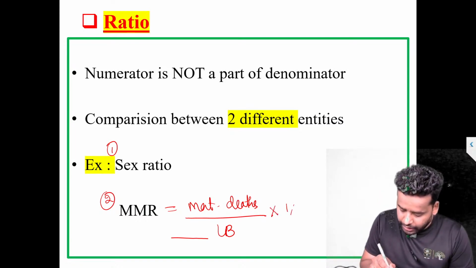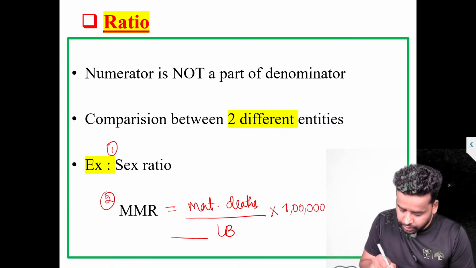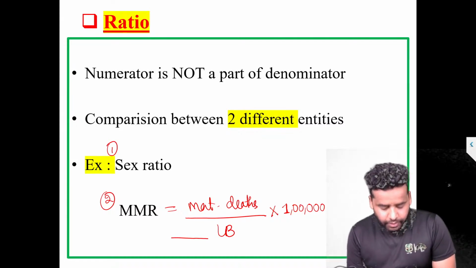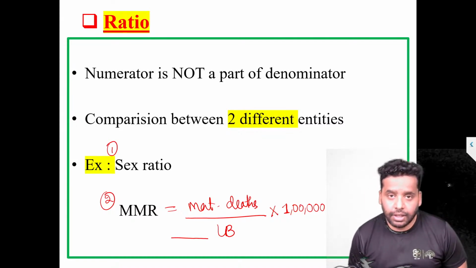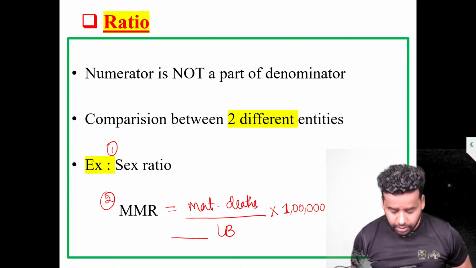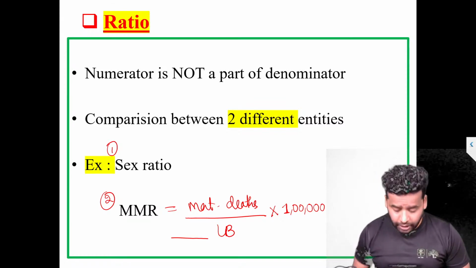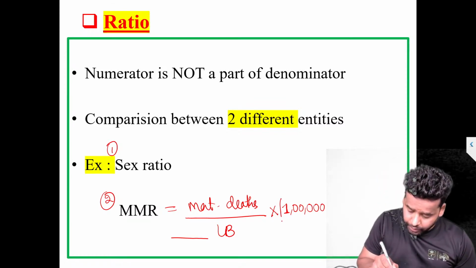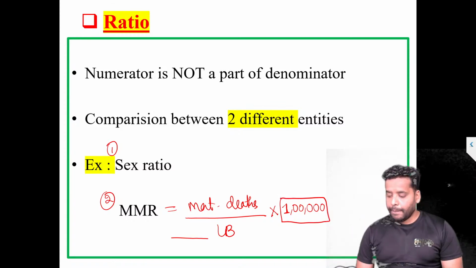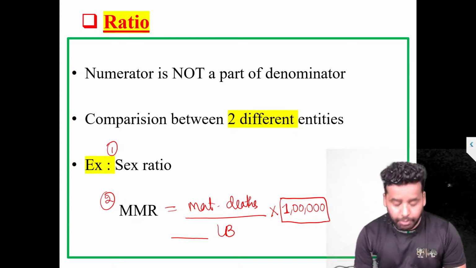Multiply with 1 lakh. If you multiply with 1000 you will get a very less value, because infant deaths usually happen, but maternal deaths are very few in the hospital. So if you multiply with 1000 you will get decimal values. It is very less. So what is the multiplier used in maternal mortality ratio for our country? Answer my question. What is the multiplier used in MMR in our country?